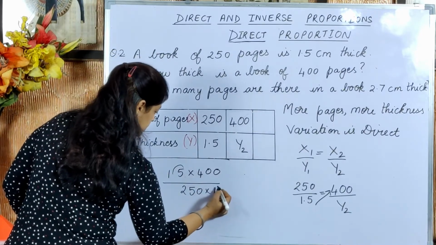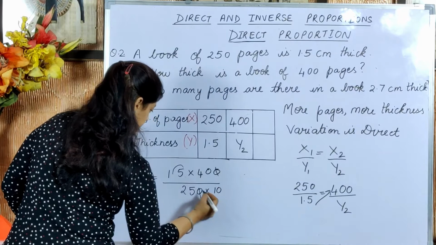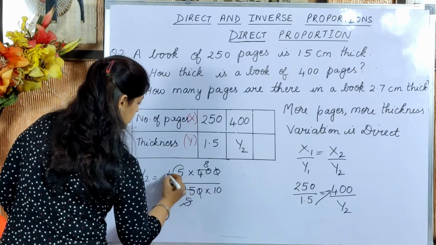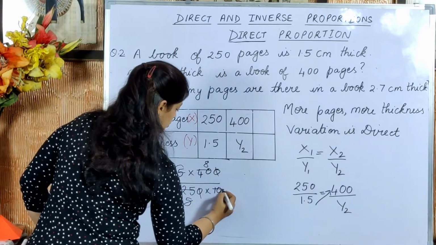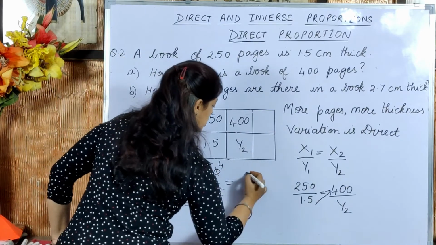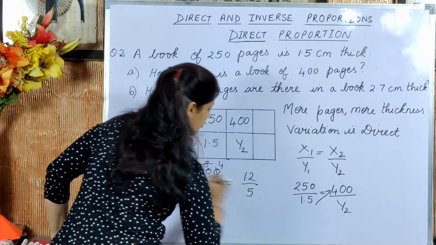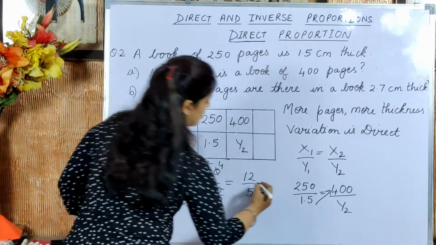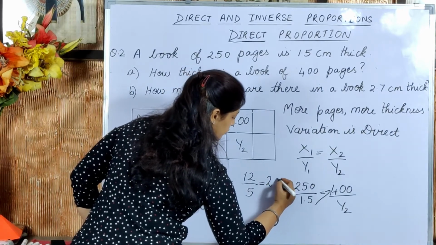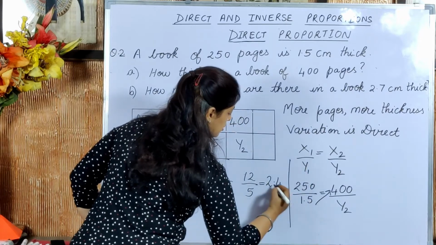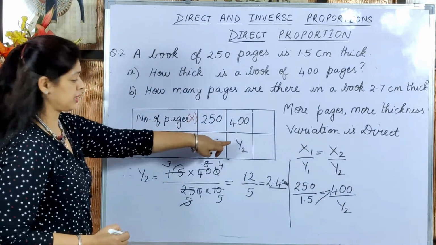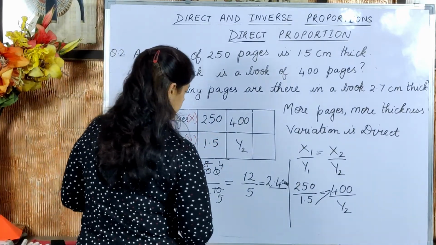So here this 0 gets cancelled. 5 eights are 40, 5 fives are 25, 5 ones are 5, 5 threes are 15. 2 fives are 10, 2 fours are 8. So I get 3 fours are 12 divided by 5. Now if I divide this, 5 goes 2 times, carry 2, decimal, 5 goes 4 times. So 2.4 centimeters. A book of 400 pages is 2.4 centimeters thick.